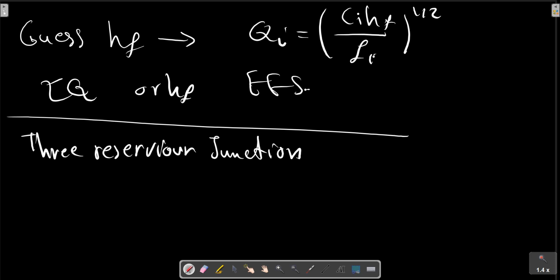Consider the flow example of a three-reservoir pipe junction in the picture.